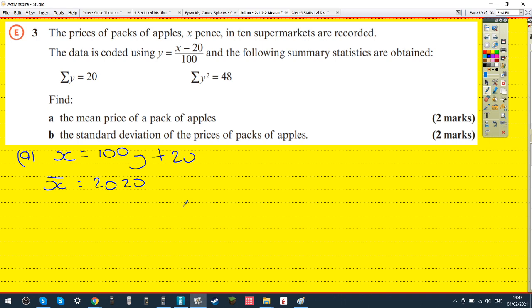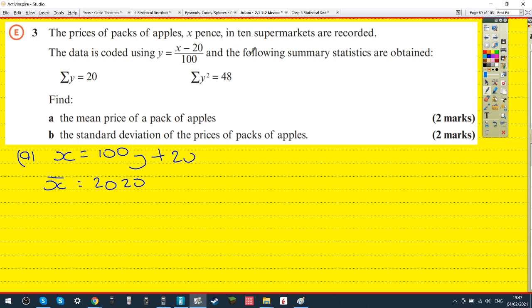Hang on, why is that there? We need the standard deviation. That's sigma y squared. What is the n?